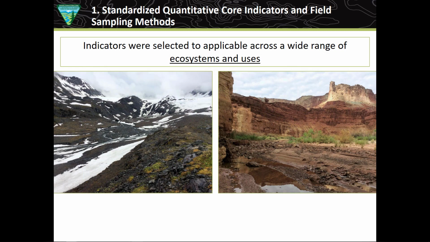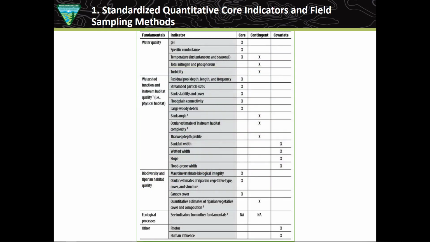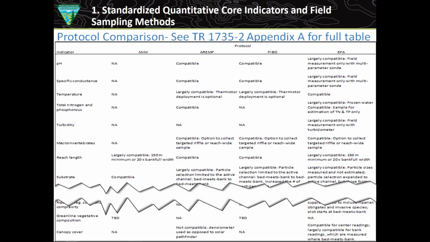Aquatic AIM indicators were selected to be applicable across a wide range of ecosystems and uses. Indicators assess components of water quality, watershed function and in-stream habitat quality, and biodiversity and riparian habitat quality. Additionally, indicators were selected to maximize compatibility with already existing monitoring data and programs across agencies.